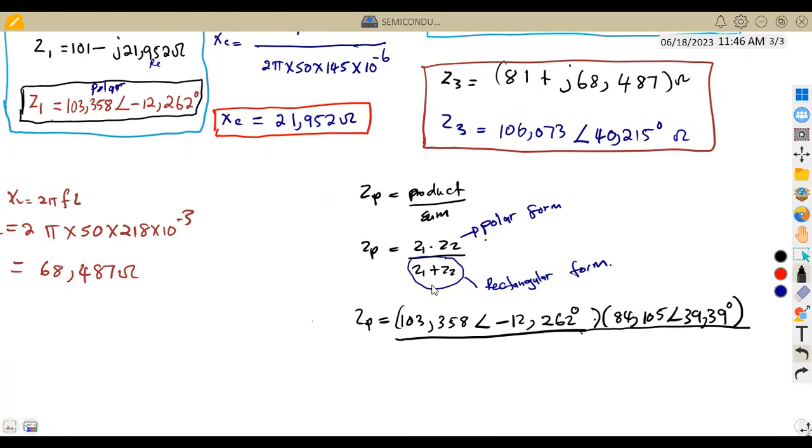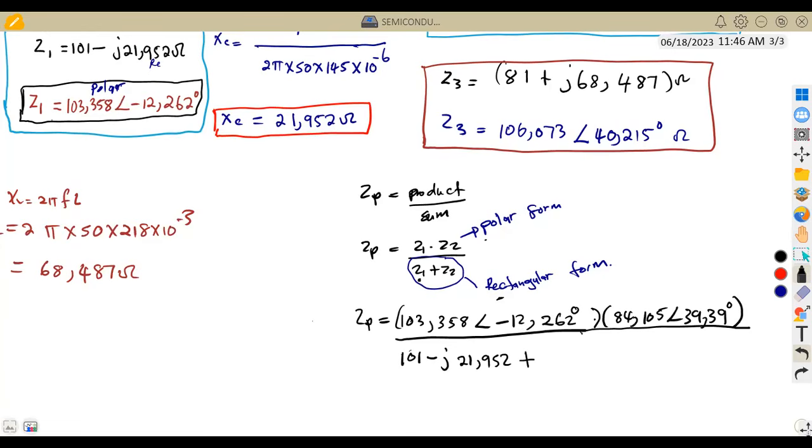Like I said, for the sum, it is best to use rectangular form. So we take Z1 in rectangular form, which is 101 minus j21.952, plus Z2.